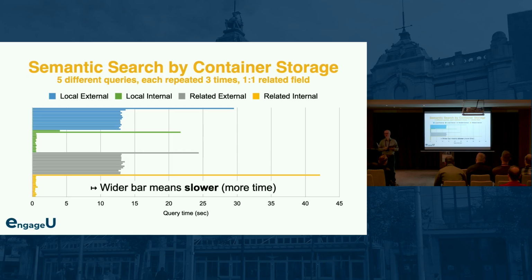So specifically for embeddings, it's quite important to store the embeddings in FileMaker and not turn on the external storage, because the external storage will slow it down a lot.